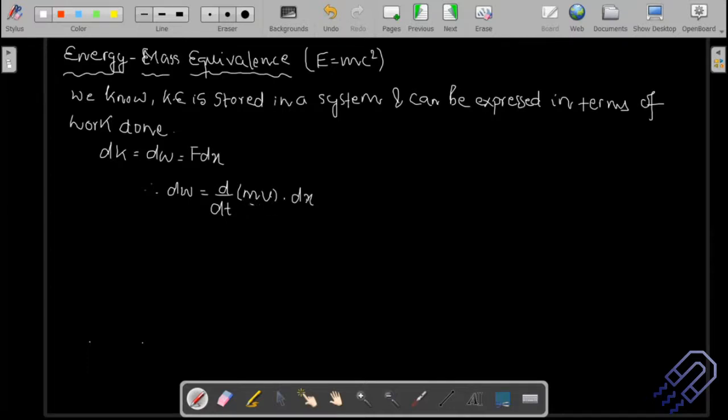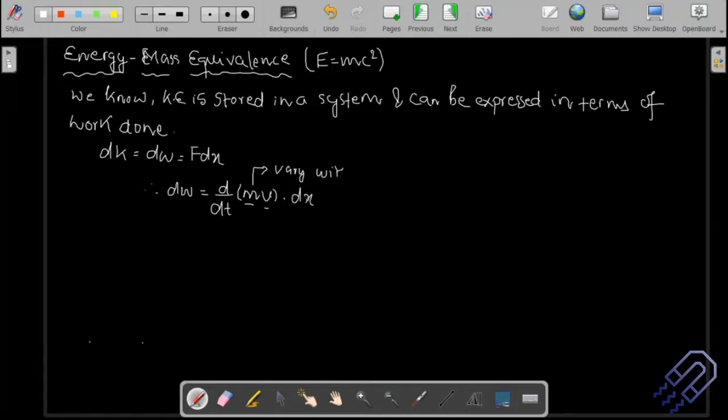Here both the mass as well as the velocity will vary. In general, we say that mass is constant, so mass can be taken out of the differential, and I can write dv by dt, which is mass into acceleration, that is force. But here we are saying that it is moving at the speed of light. That means this mass actually will vary with time.